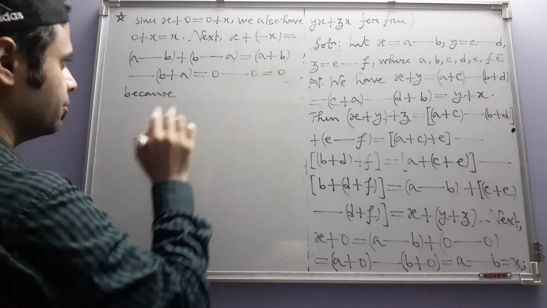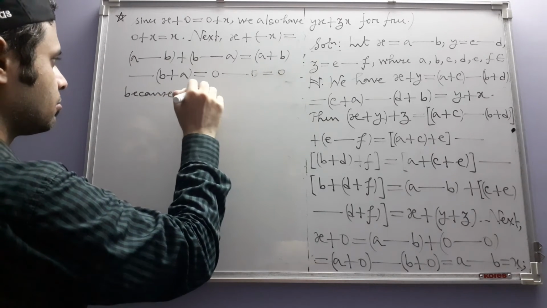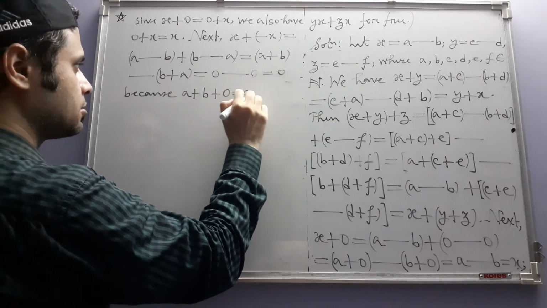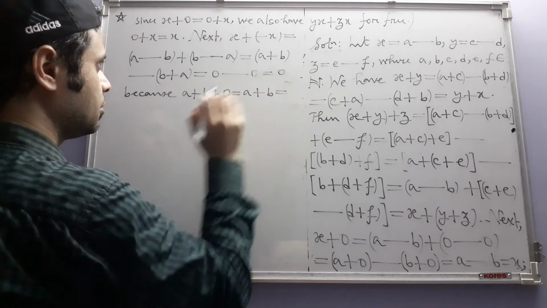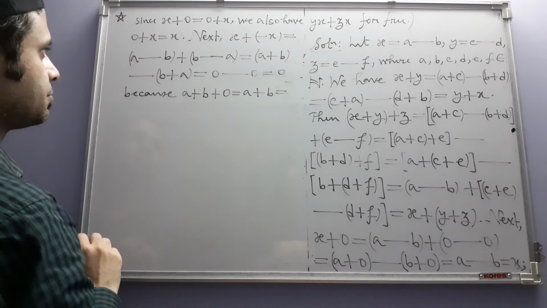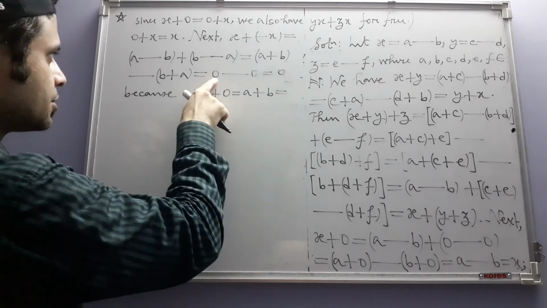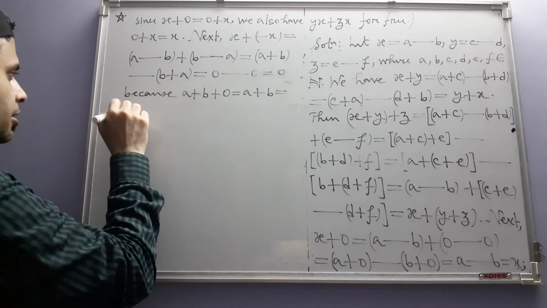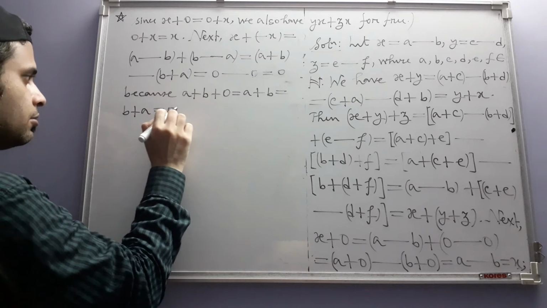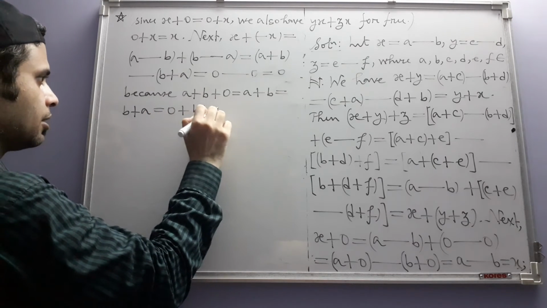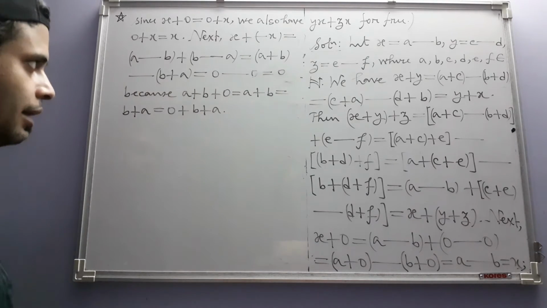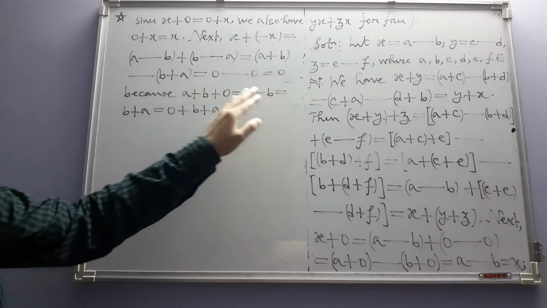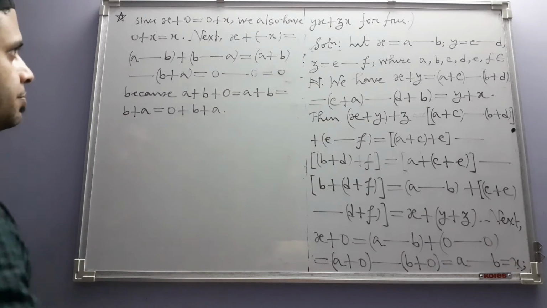This plus 0, which is a plus b, is equal to 0 plus this one, that is b plus a, which is equal to 0 plus b plus a. And here we have to use the fact that addition of natural numbers is commutative.